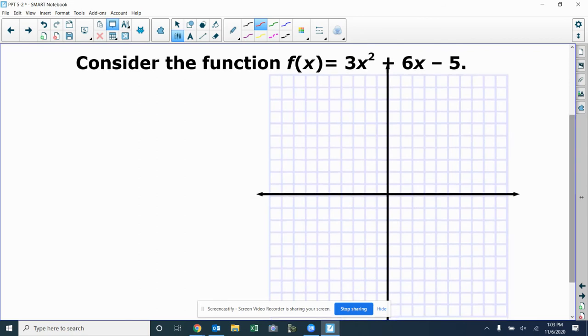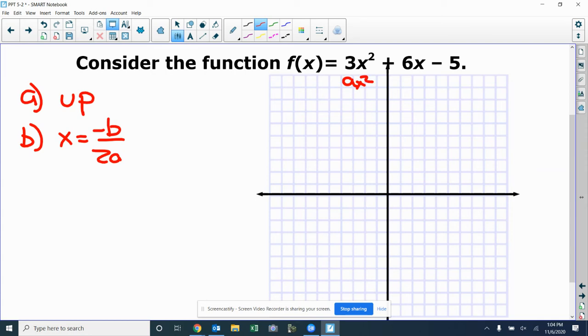Up, down, what is going on here? Yeah, he's happy, he's going up. Watch your negatives. 6 is positive up there. Remember, this is your A, your B, your ax squared plus bx plus c.